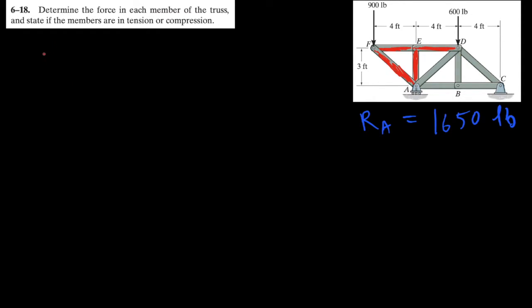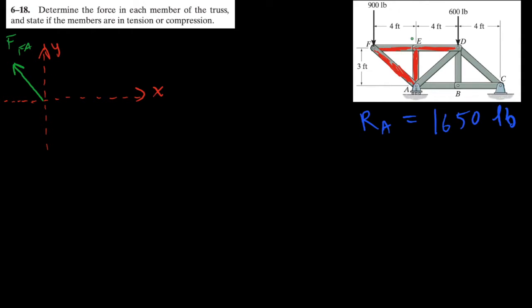Let's draw our set of axes again. So this is our vertical and horizontal axis. This time we will be inspecting joint A. So for joint A, we have the force in member FA, which we previously calculated.